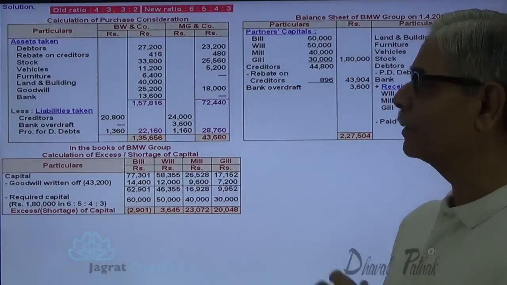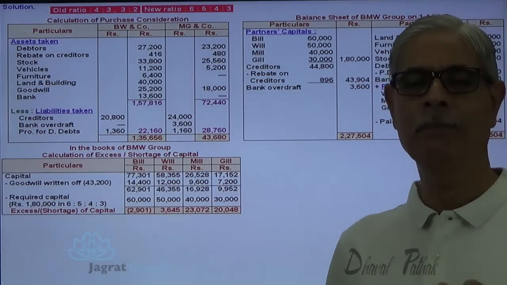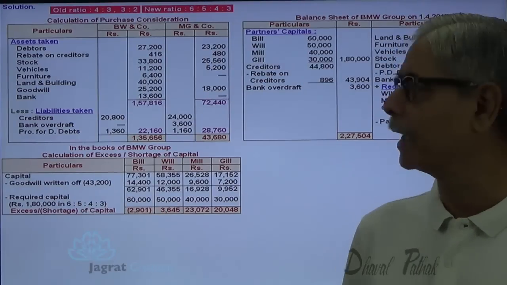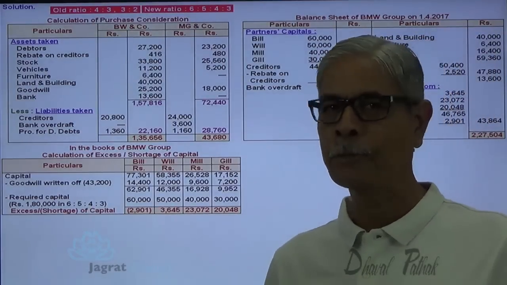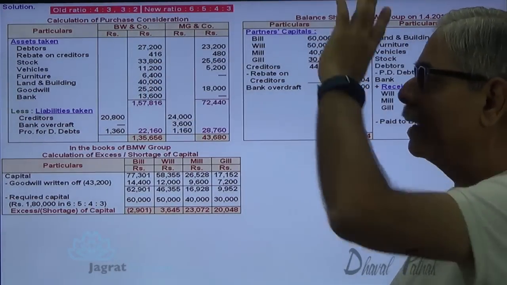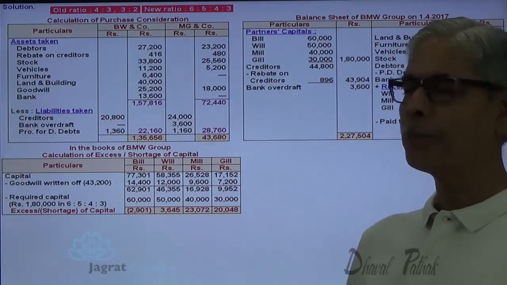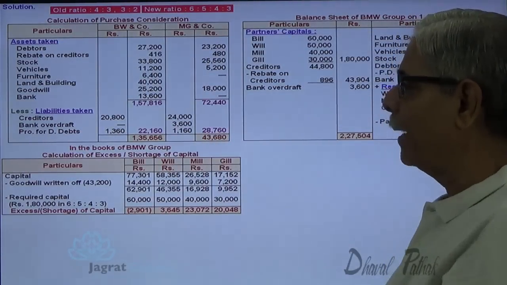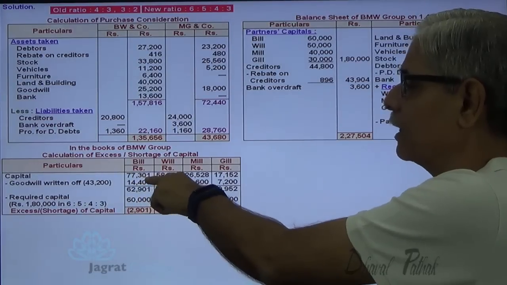Now, on the basis of this, if you want to write down the journal entry in the books of new firm, that also can be very comfortably recorded on the basis of this purchase consideration statement and this working note. So all the assets purchased are debited to asset account. The reserve and liabilities are to be credited, and the capital of Bill and Will is credited with 77,301.